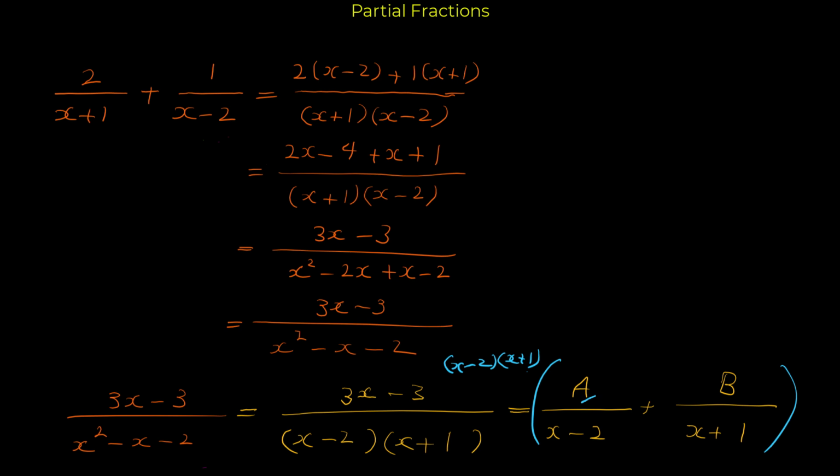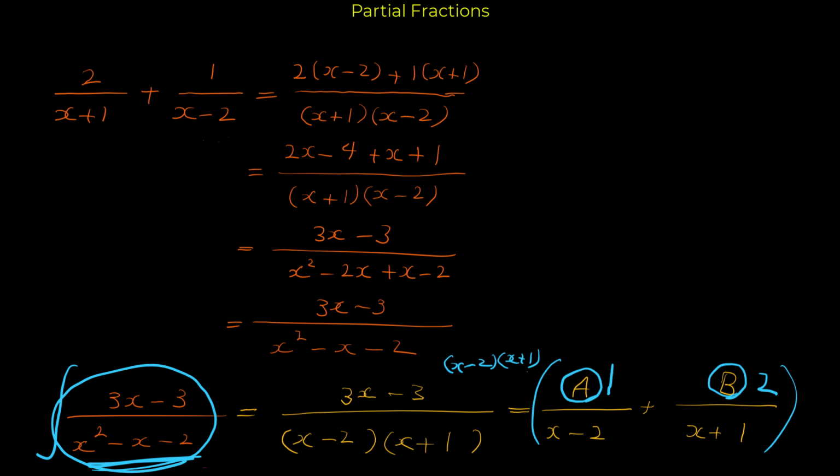So let me put a is 1 and b is 2. So this fraction can be written as 1 over x minus 2 plus 2 over x plus 1. And if you wonder why we need this technique, it's because finding the integral of this expression directly is impossible.